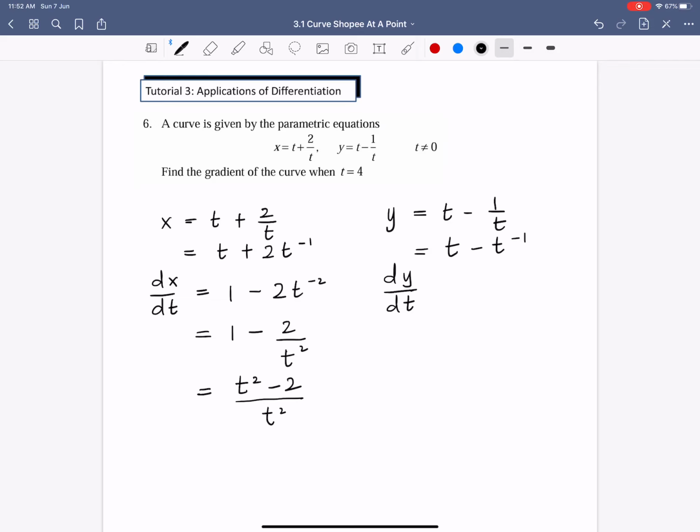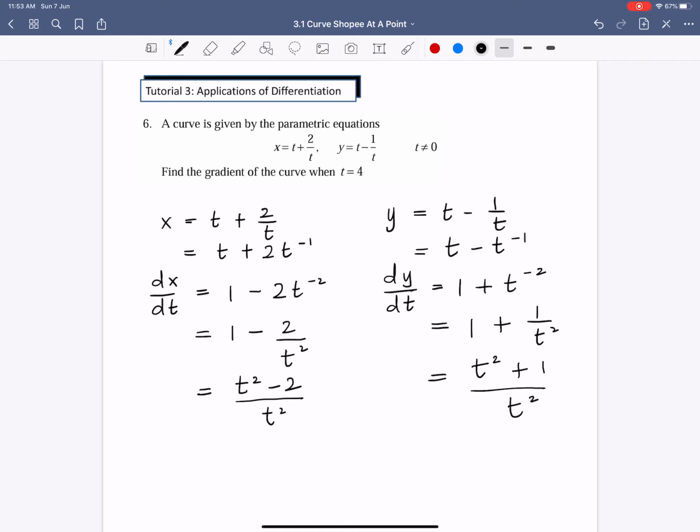So dy dt equals 1 plus t power of negative 2, where this equals 1 plus 1 over t square, and this can be rewritten as t square plus 1 over t square.